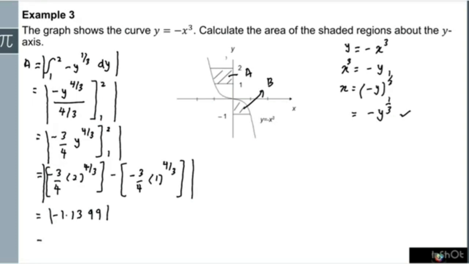Therefore the final answer is 1.1399 unit squared. That one is for region A.